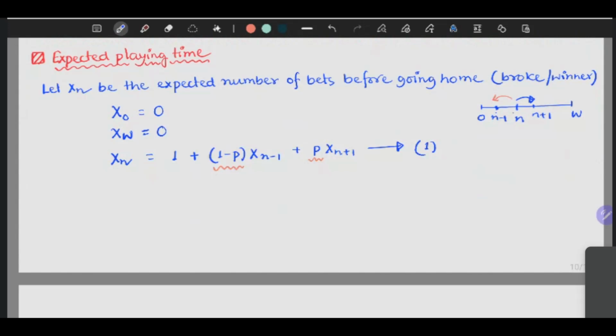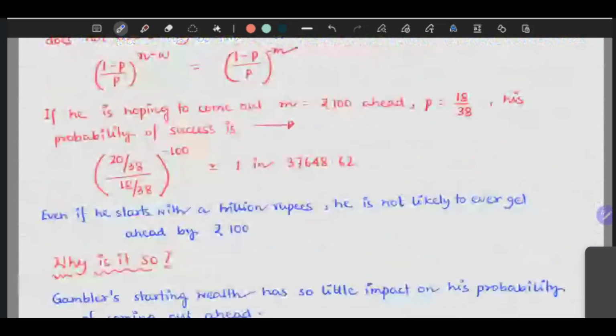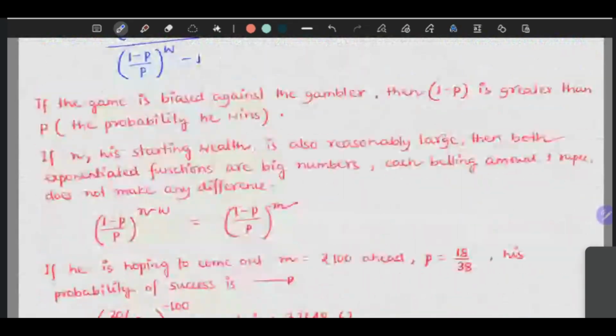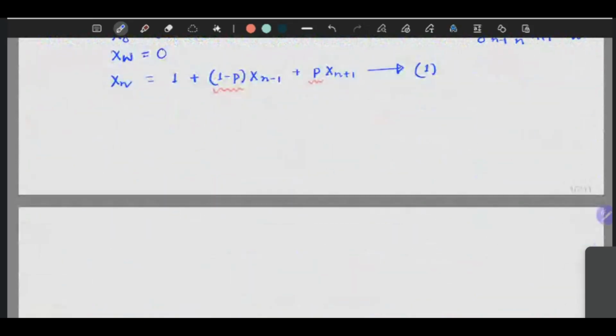Now this is similar to the solutions we got for this one, but here we have the inhomogeneous part. So for that we need to do something.